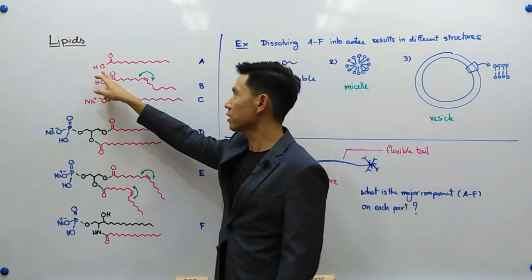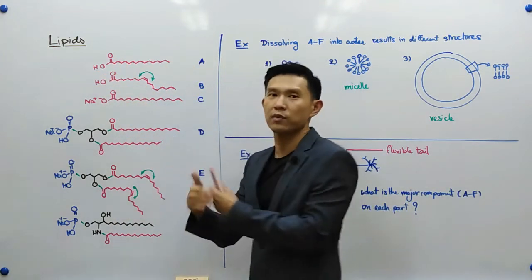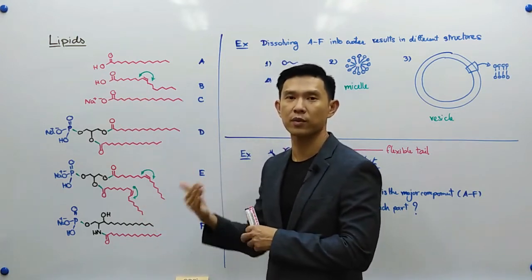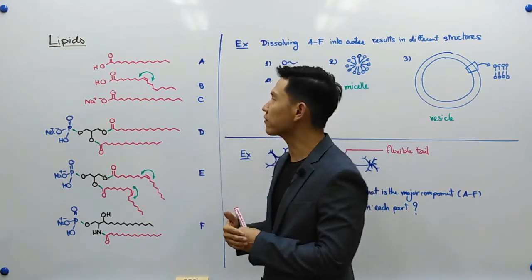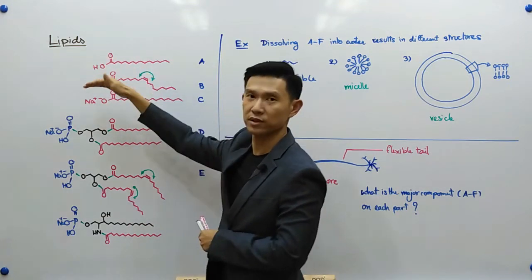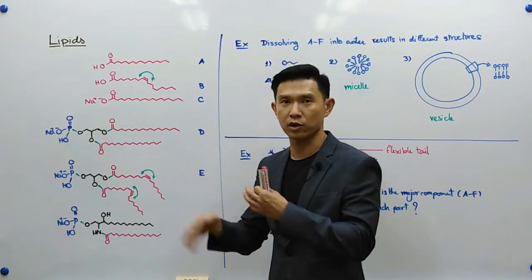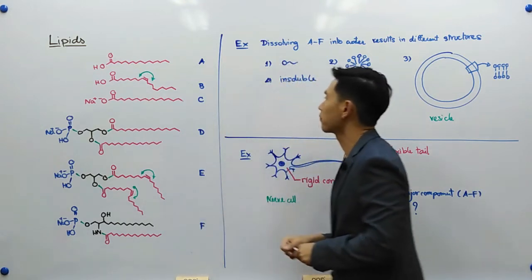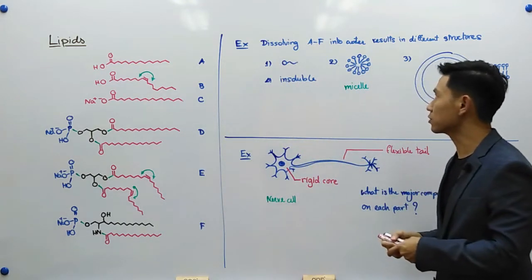Hydrogen bonding here can interact with water, and also they can interact with themselves as well. So instead of having hydrogen bonding with the water, it can hydrogen bond with the next molecules nearby. So for A, it's insoluble.